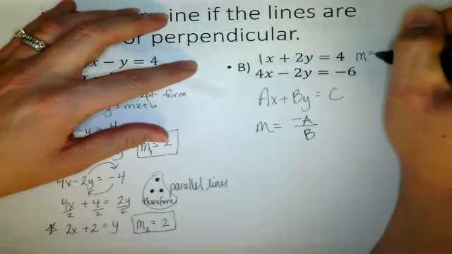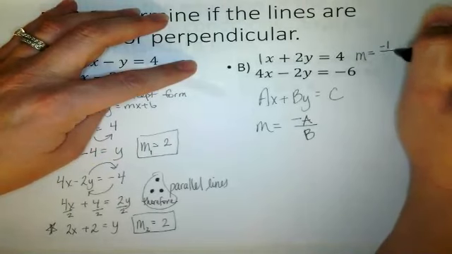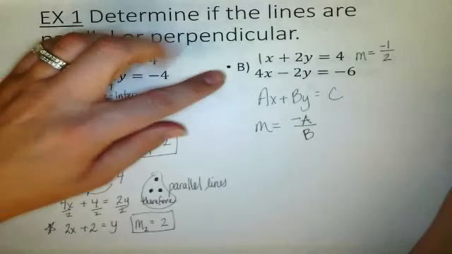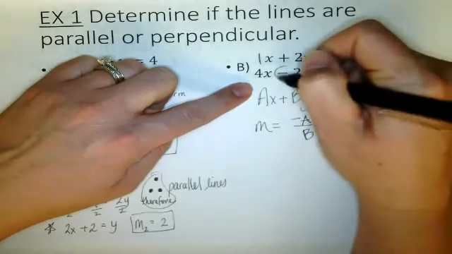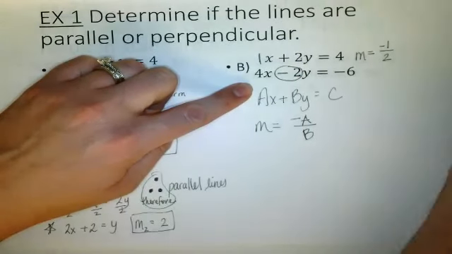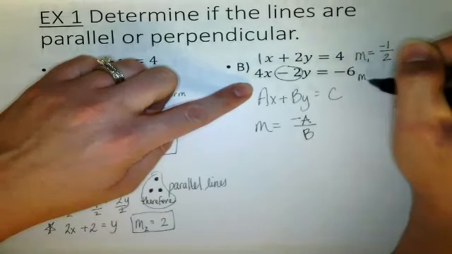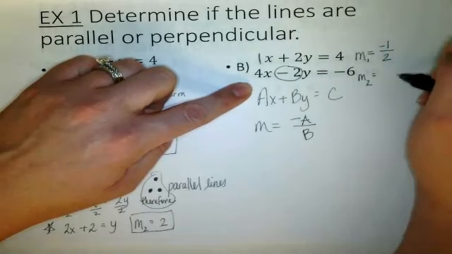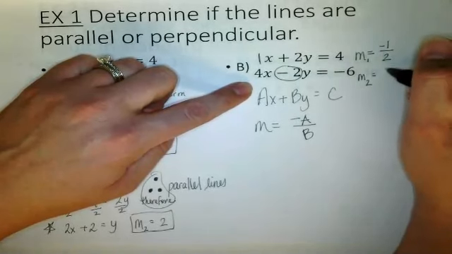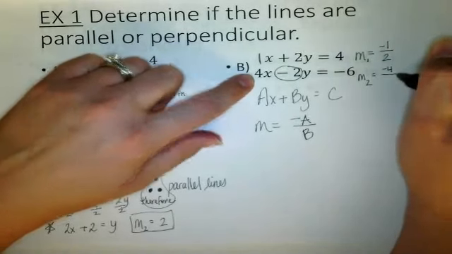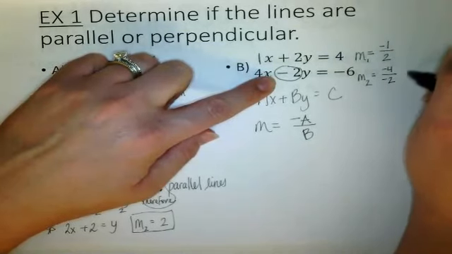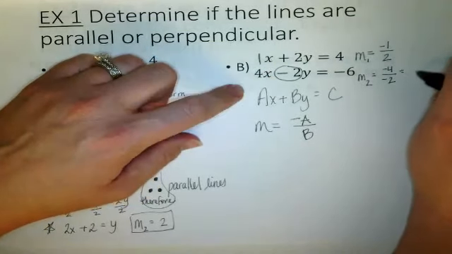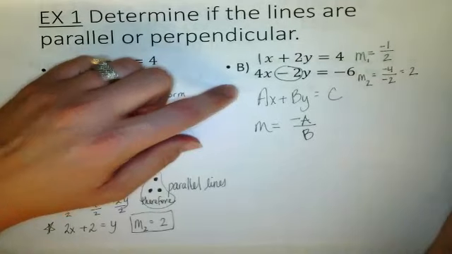What's the slope of this line? Negative 1 over 2. Very good. And here our a is 4 and our b is negative 2. So what's the slope of the second line? How did you get that? The opposite of a divided by b. So negative 4 divided by negative 2 turns out to be 2.